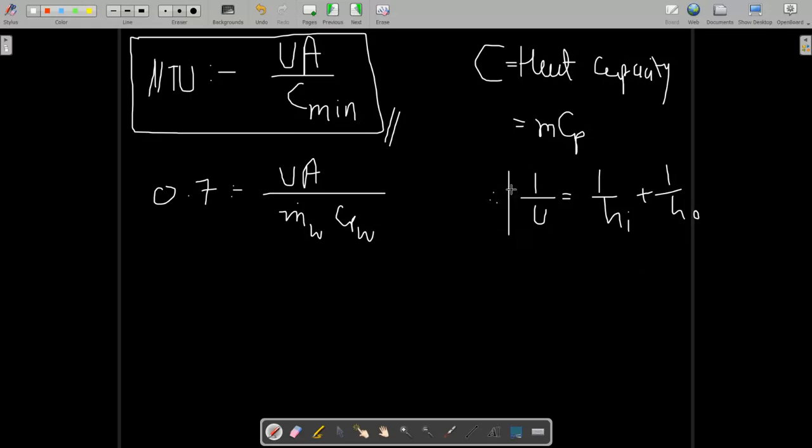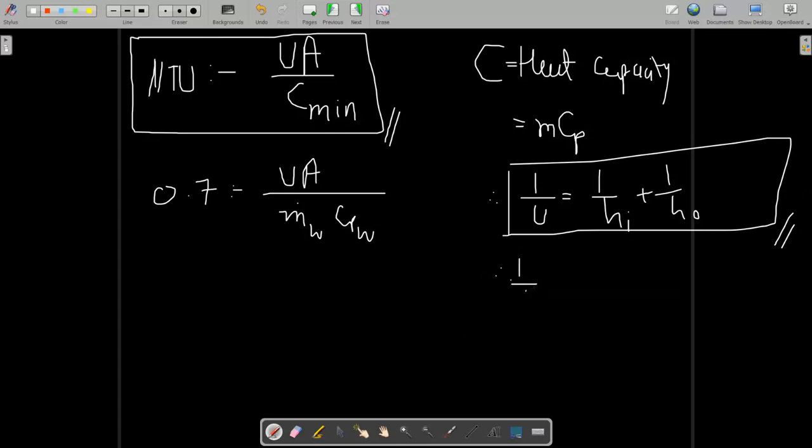Okay, you know very well, in convection you have studied in the introduction chapter of heat transfer. So when you put all these values, it is 1 upon, and one more thing, as I'm telling you in every lecture, be careful with units. Because here the H value is not given in kilowatt or kilojoule, the H value is given in watt.